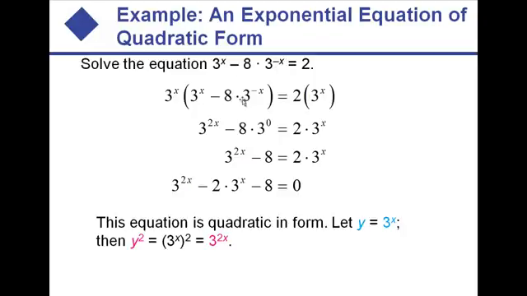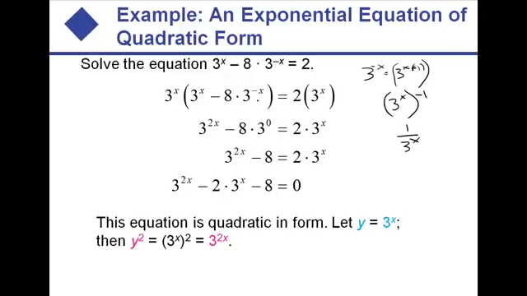Well, just like when we're dealing with fractions and we want to get rid of fractions by multiplying through, 3 to the negative x is really 1 over 3 to the x. 3 to the negative x equals 3 to the x times negative 1, and that's 3 to the x to the negative 1, which is just 1 over 3 to the x.